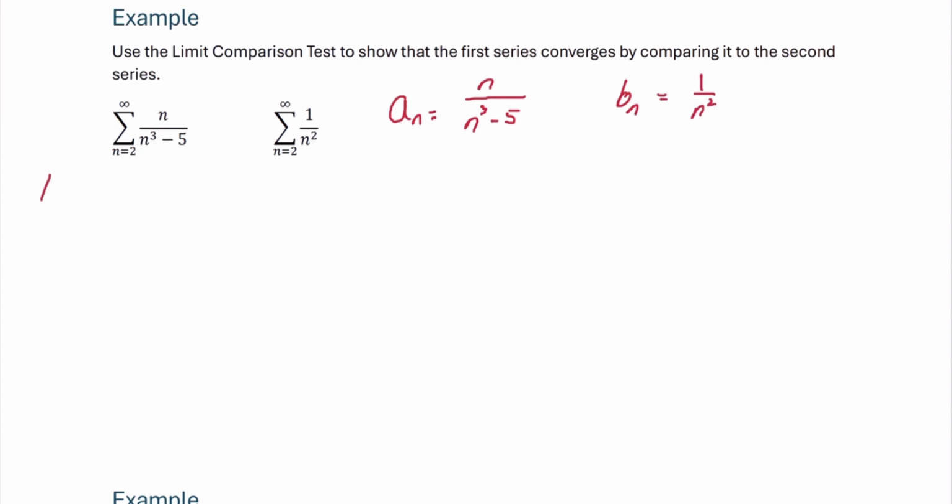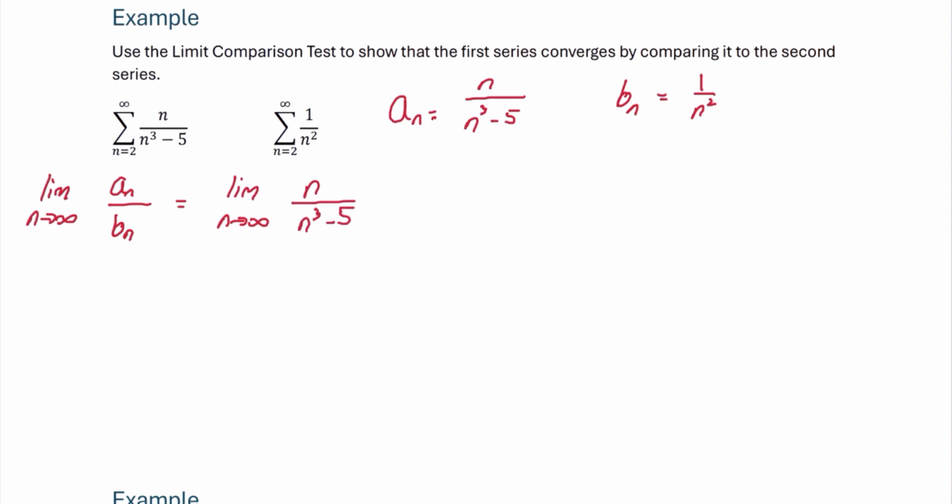Now we'll take the limit as n approaches infinity of a sub n divided by b sub n. Limit as n approaches infinity of n divided by n cubed minus 5.